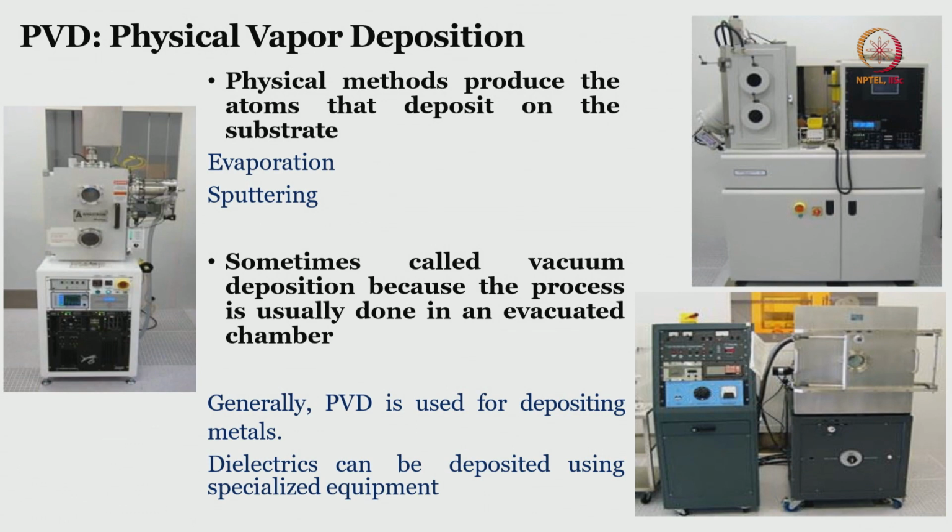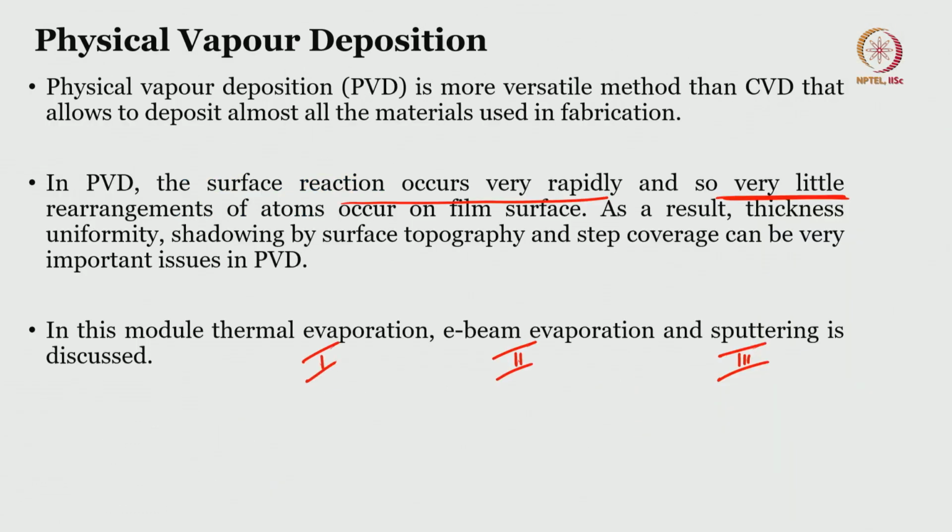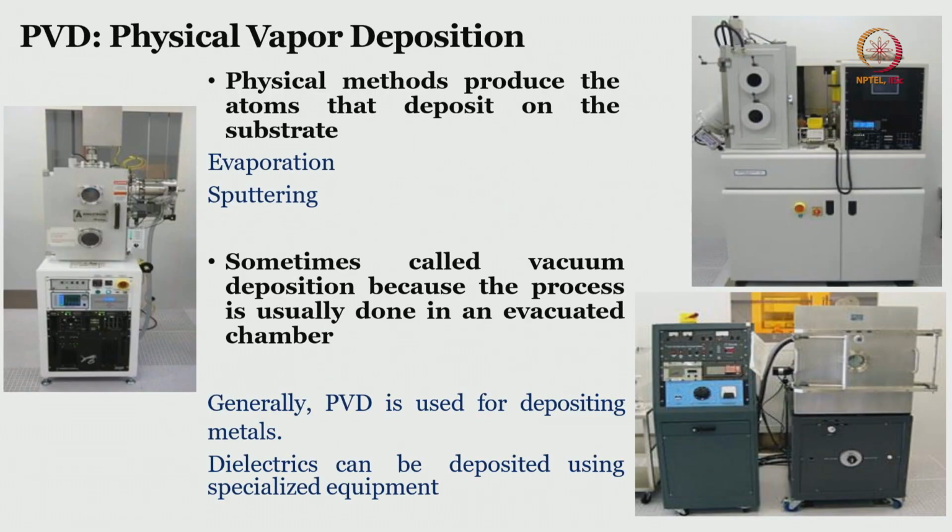So, when we use these two statements, that a reaction occurs on the surface rapidly and there is little time for rearrangement of atoms, this is true for all three systems or techniques: evaporation, e-beam, or sputtering. Here you can see a thermal evaporator and an e-beam evaporator.